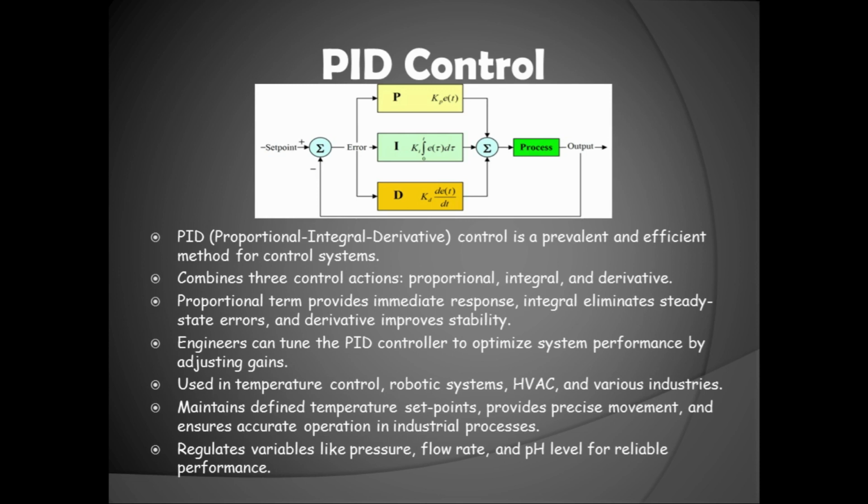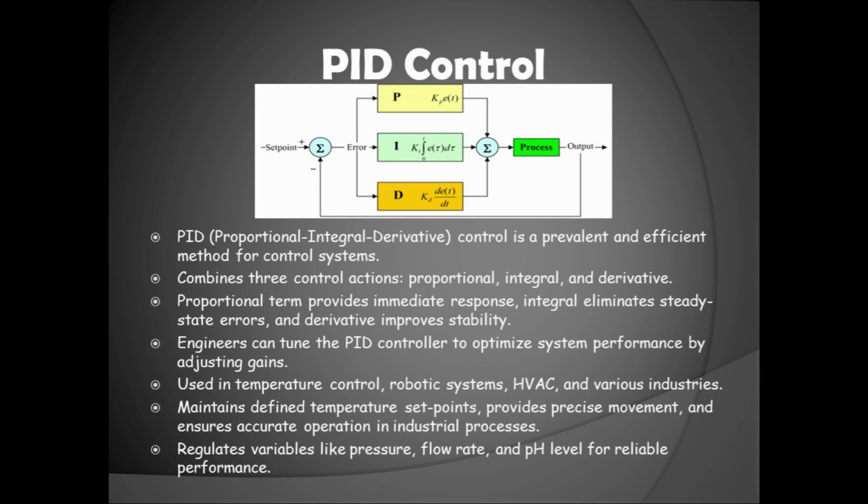Engineers can tune the PID controller to suit the various dynamics of the system and achieve optimal performance by regulating the gains of each component. PID control is often used in a variety of industries.